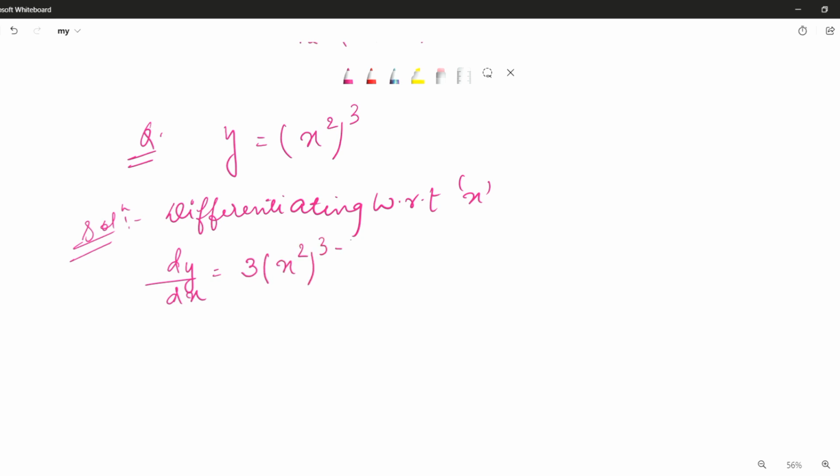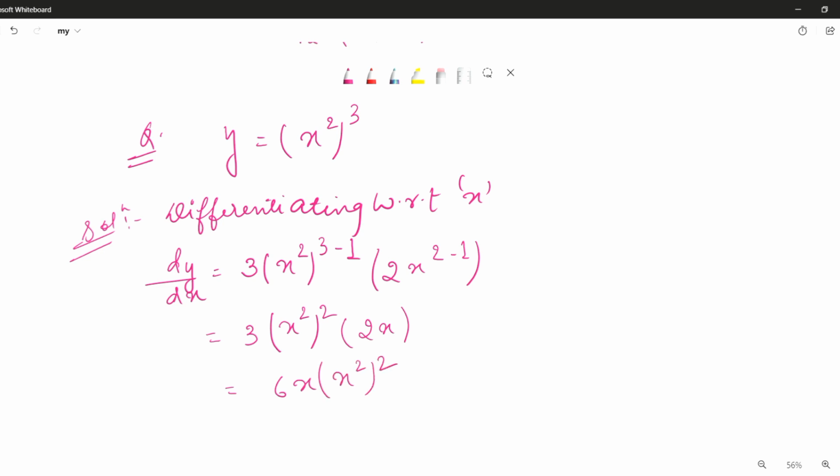N minus 1, 3 minus 1. X square will get differentiated here. So 2x to the power 2 minus 1. So let's solve this. 3, x square to the power whole square, 2x. Now 2x will get multiplied with 3. That will be 6x, x square constant to the power whole square. This is the chain rule.